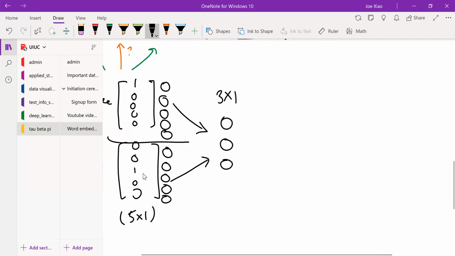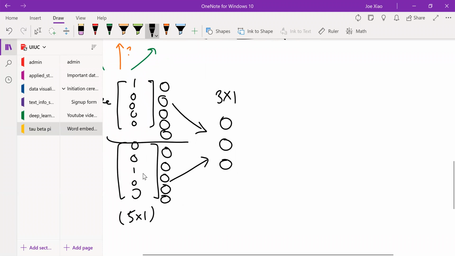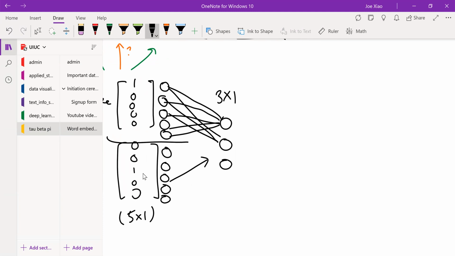And how do we do the encoding? We can learn these weights. And the weights are really just the connections between neurons. So this is the connections to the first neuron. These are connections to the second neuron, and so on.